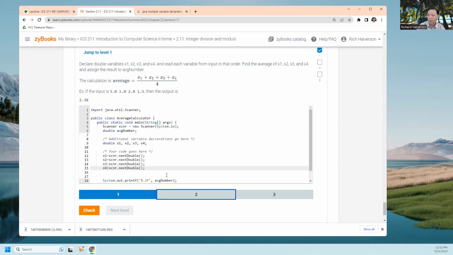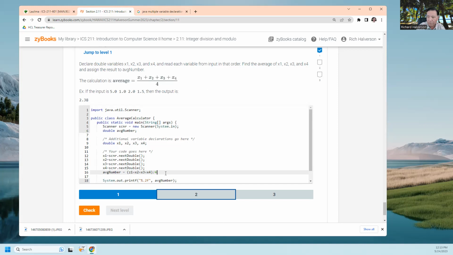No. Okay. So then I've got to compute the average number, avg number equals, parentheses x1 plus x2 plus x3 plus x4 close, divided by 4.